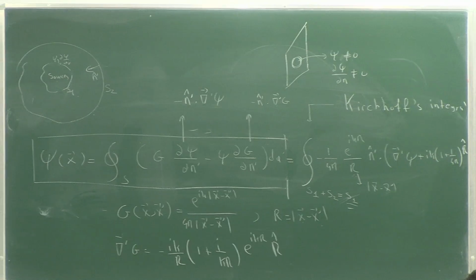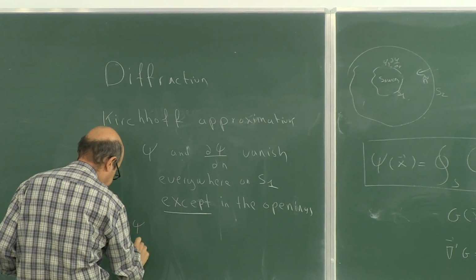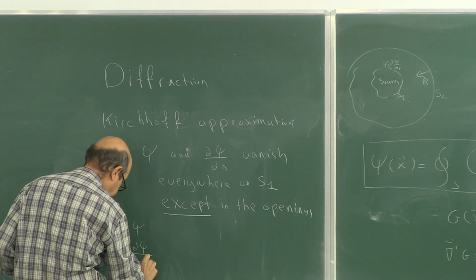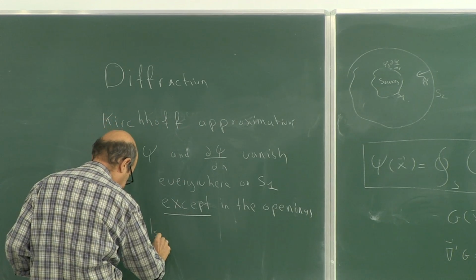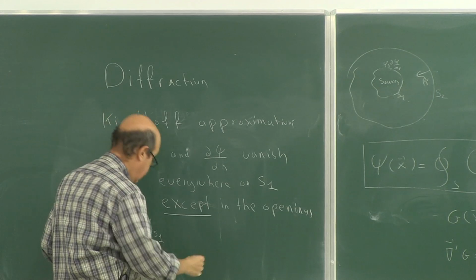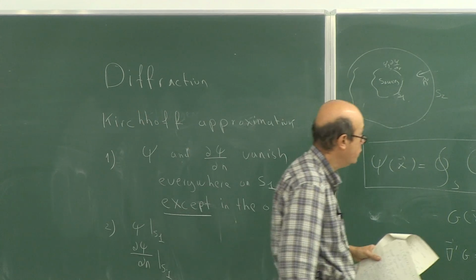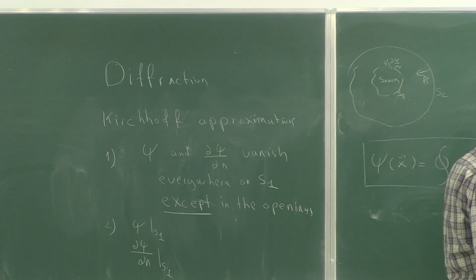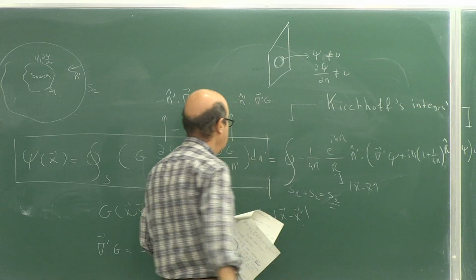The second rule: phi and del phi over del n at the surface S1 should be the same as before coming to the opening.